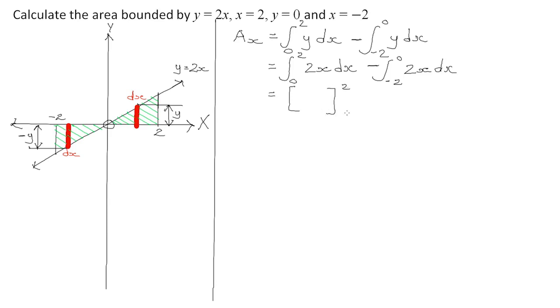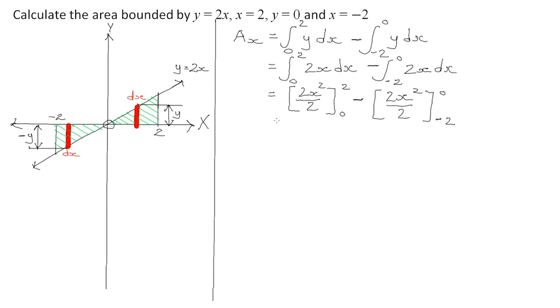This will give me 2 is to 0. And what is this? This is 2x 2 over 2. Because it's 2, then x 1 plus 1 over 1 plus 1 minus exactly the same thing here. 2x 2 over 2 and limit 0, negative 2.